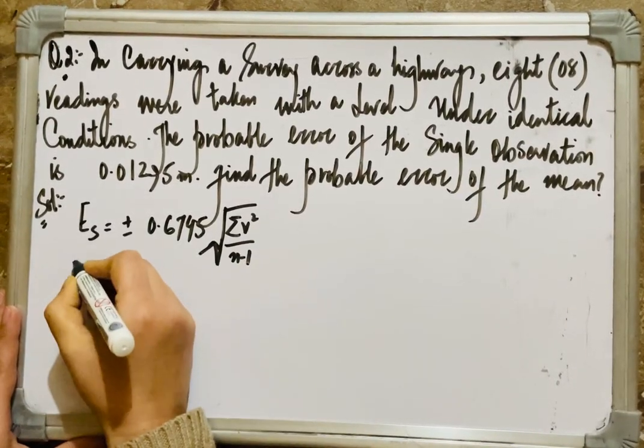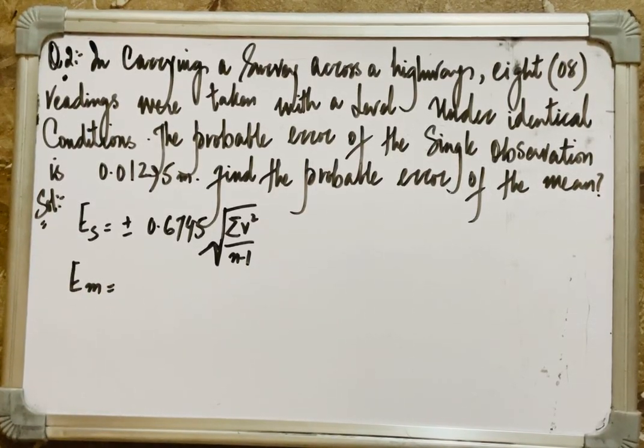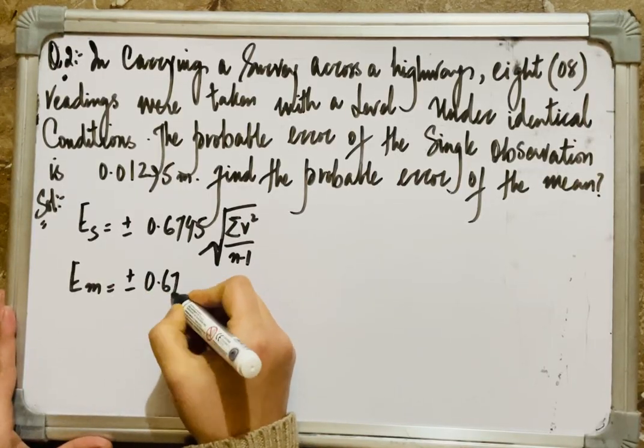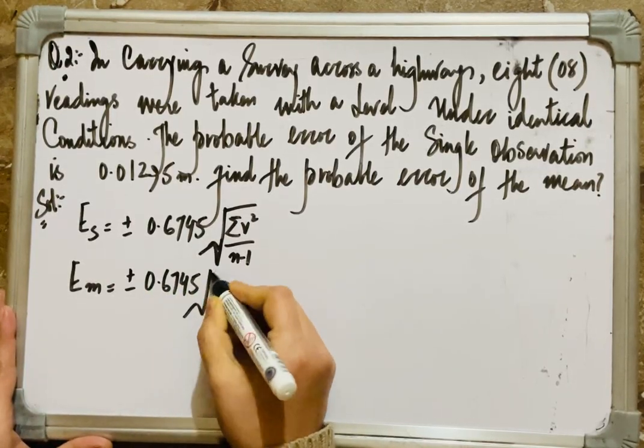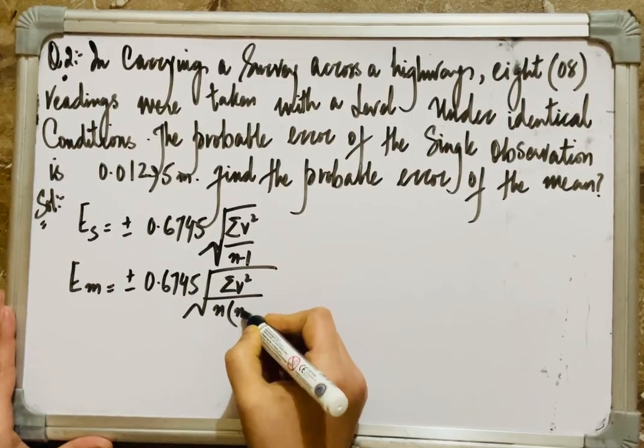All right. And you also know that the probable error, or the most probable error of the mean, is given by plus minus 0.6745 times the square root of summation of v square divided by n into n minus 1.